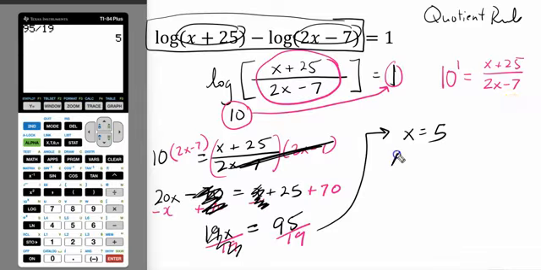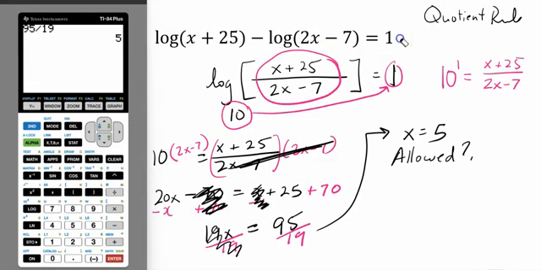Now, is it allowed? You must check that in the original equation. Now, in the original equation, all of the arguments have to be positive. So x plus 25 has to be greater than 0, and 2x minus 7 must be greater than 0, must be positive numbers.